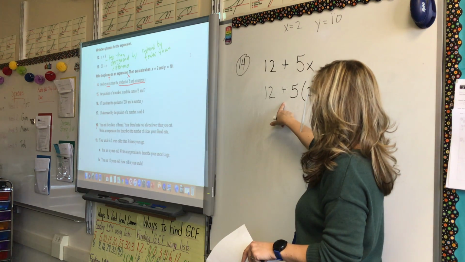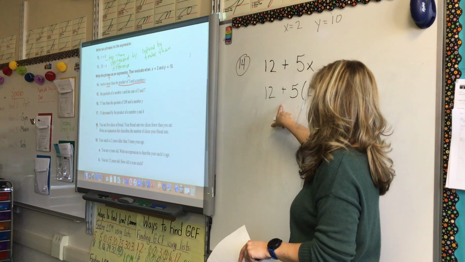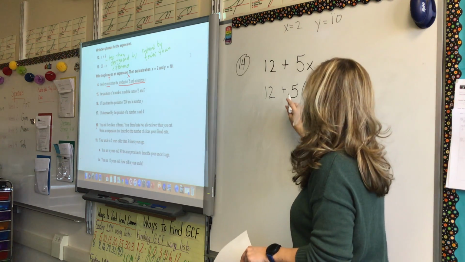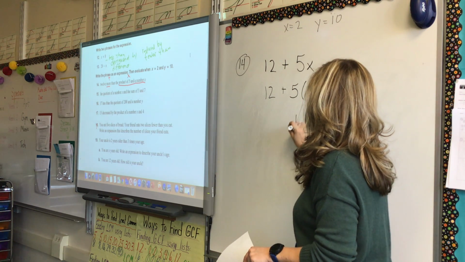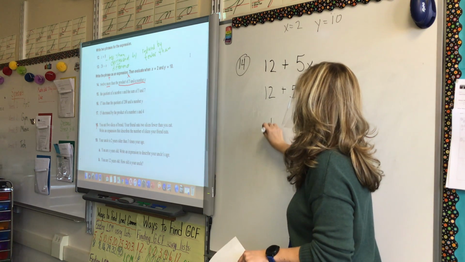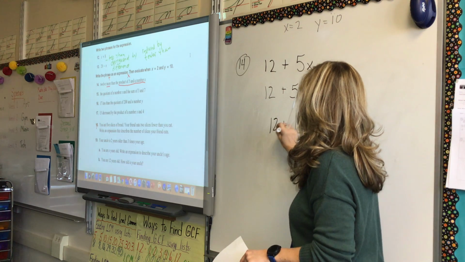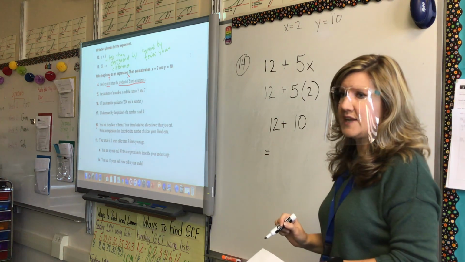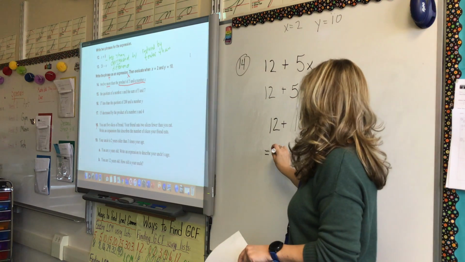Now we evaluate. Are we going to add or multiply first? Multiply. What's 5 times 2? 10. So we're left with 12 plus 10, which equals 22.